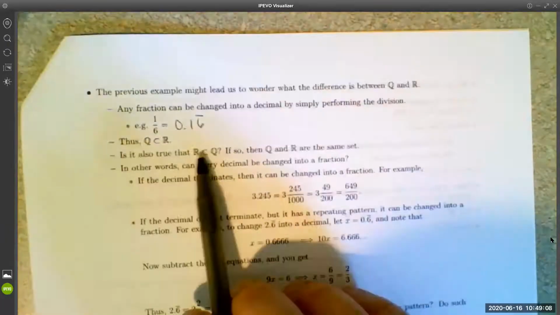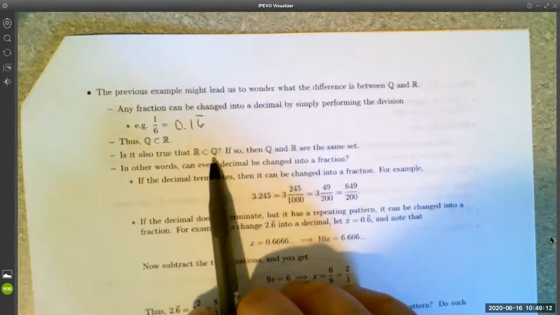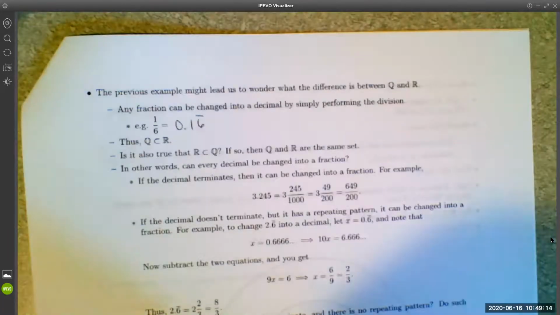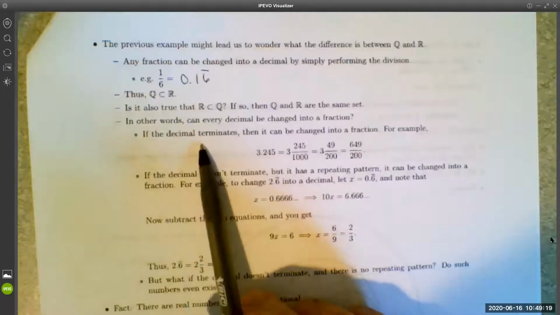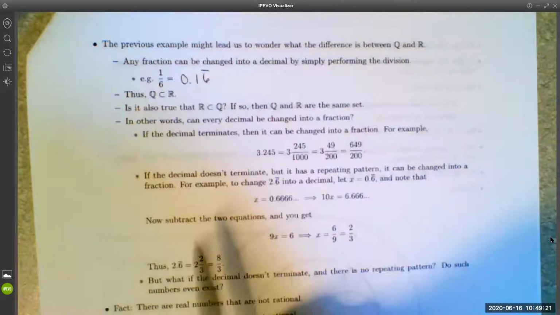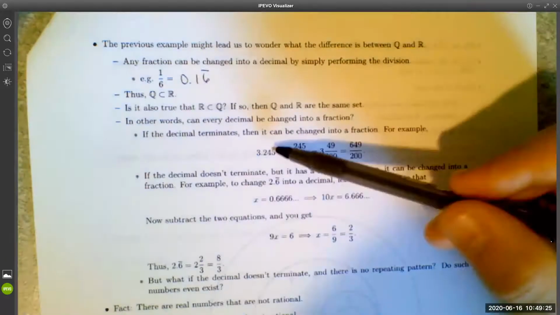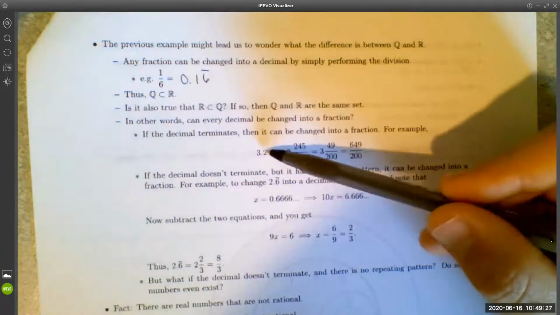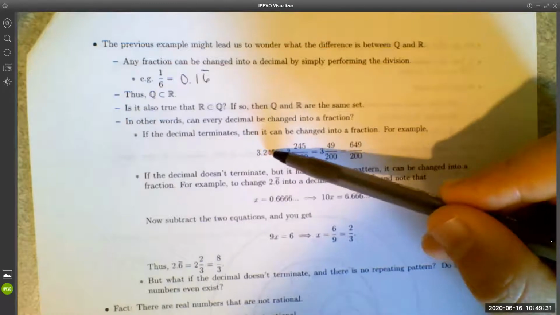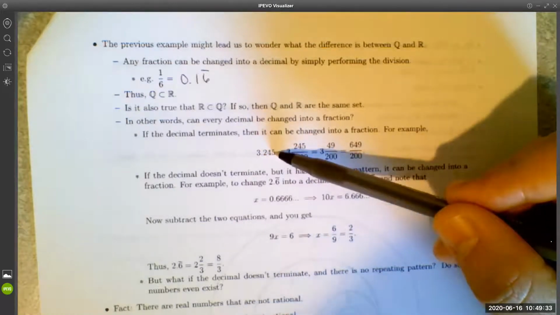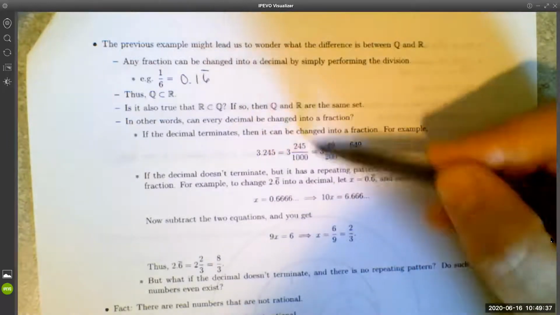But is it also true that R is a subset of Q? Can every decimal be rewritten as a fraction? Well, certainly some decimals can be. If the decimal terminates, then it can be changed into a fraction pretty easily. In 3.245, the 0.245 is just saying 245 thousandths. This is tenths, hundredths, thousandths. So if you keep track of the place value, it's 245 thousandths, which you can just write as a fraction.